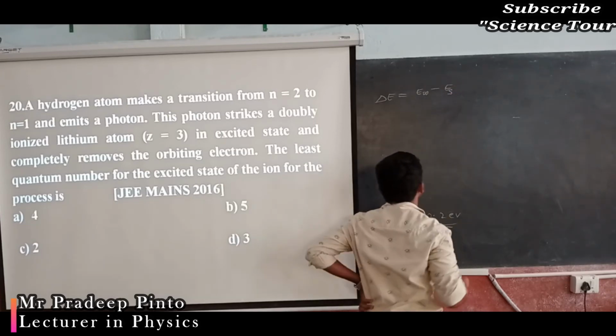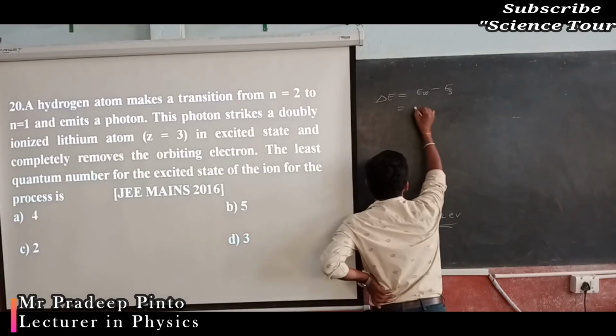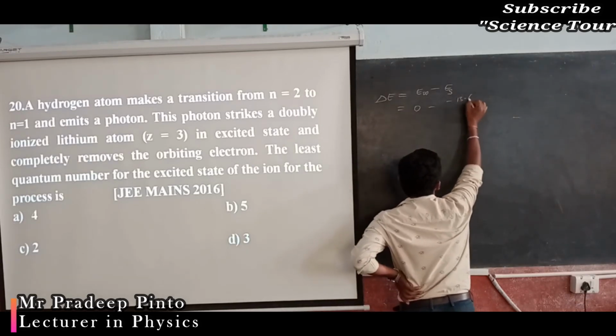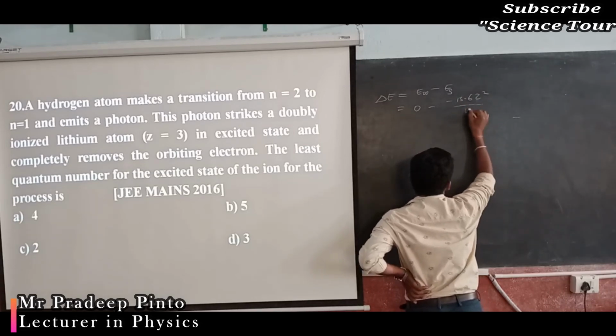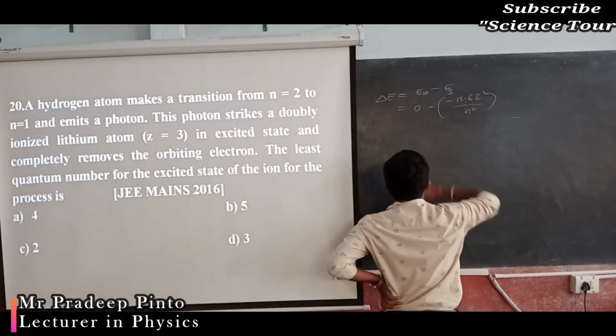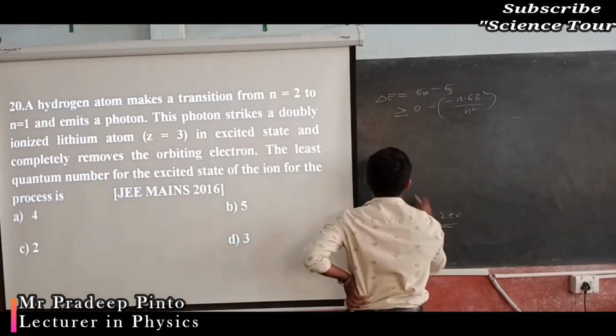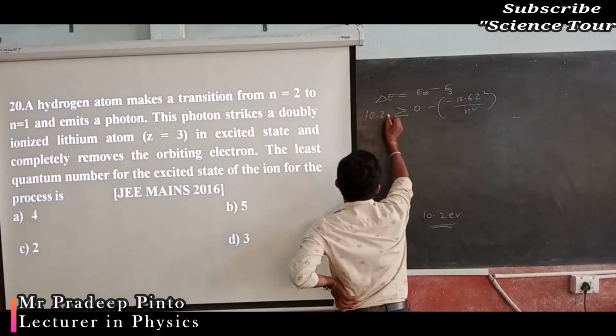Okay, yes, I am going to write. How to find out? E infinity is 0 minus E s is nothing but minus 13.6 into Z square divided by n square. N square you have to find out. But energy must be equal to or greater than 10.2 eV, no?